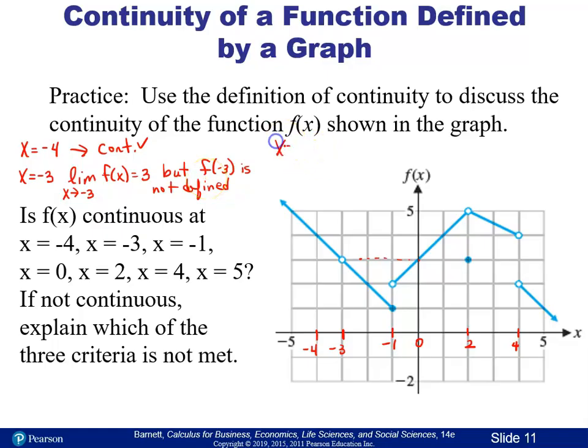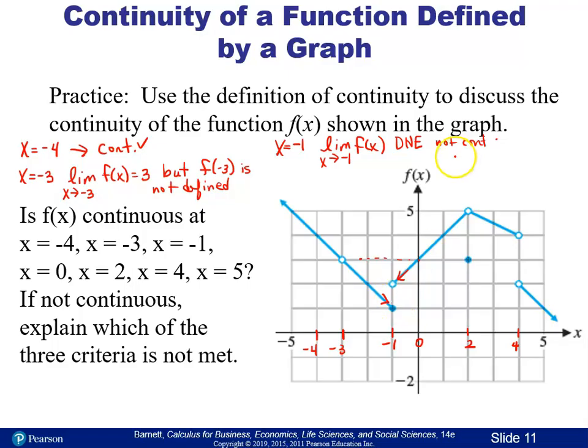If we look at the next one, it would be -1. At -1, the limit as x goes to -1 does not exist, and therefore it's not continuous. Because these two pieces, this piece and this piece, don't connect.